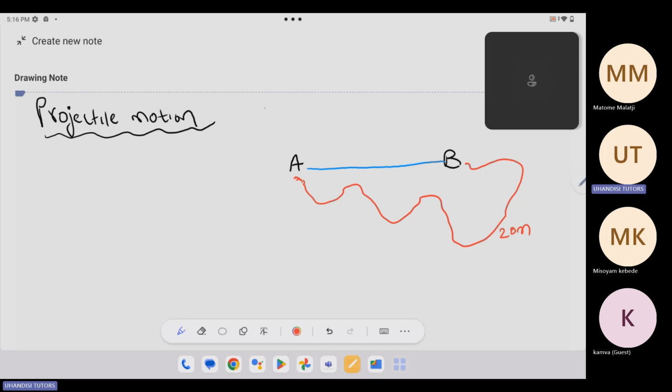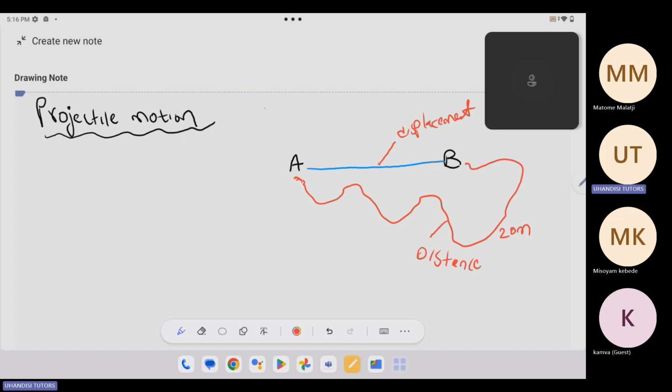So I hope you understand the difference between the displacement and the distance now. That's how we define it in physics. Your displacement is actually your shortest distance to your destination.